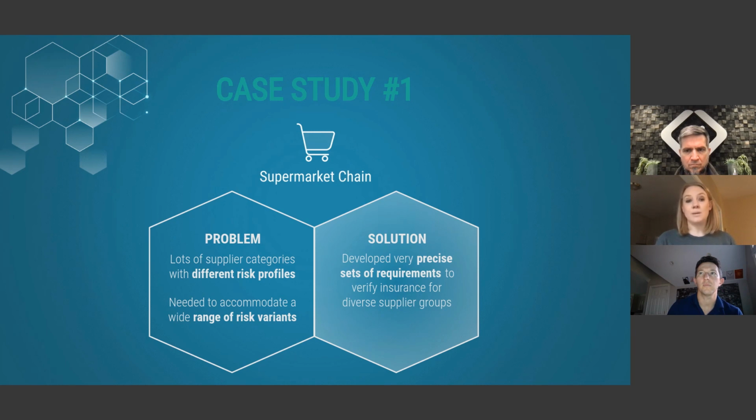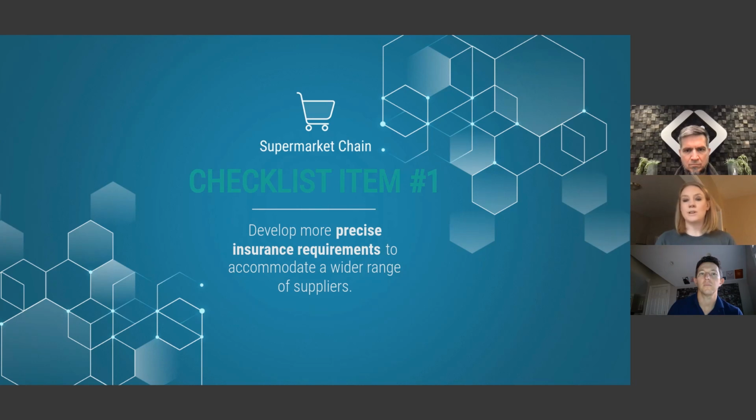And it gave them the ability to verify all of their vendors automatically while allowing precise requirements for each vendor. As you can imagine, the lettuce vendor is not going to be the same as the electrician that they might be using. And so when you think about this, what we're really talking about is that flexibility to create precise insurance requirements.